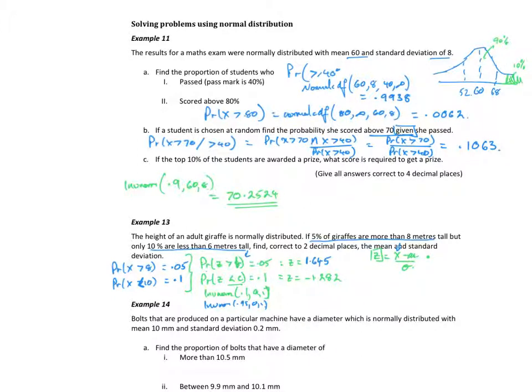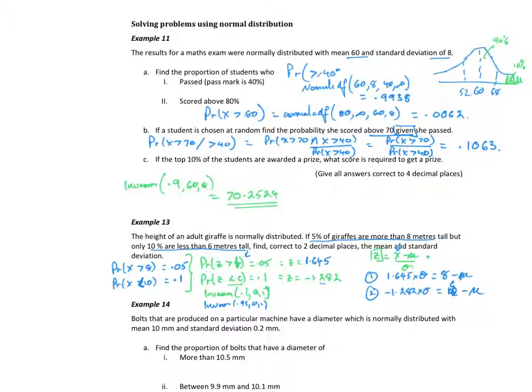Okay. So equation 1 will give me a Z value of 1.645 times sigma equals the X value, which was 8 minus mu, and equation 2, a Z value of negative 1.282 times sigma equals a score of, not 10 at all, 6 minus mu.